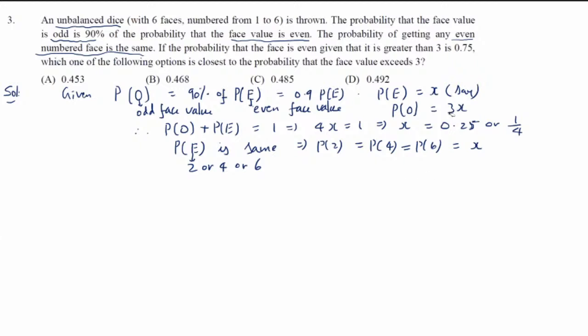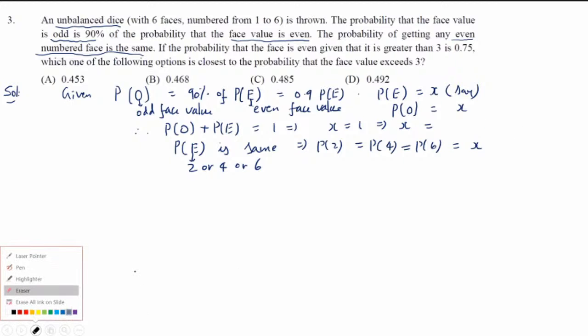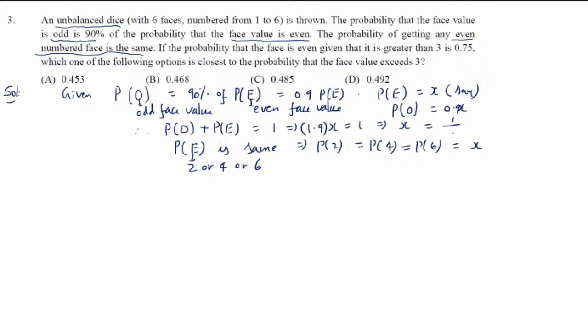This is 0.9 times 6x. So this is 0.9 times 6x plus 6x equals 1. 1.9 times 6x, which implies x is equal to 1 upon 1.9.